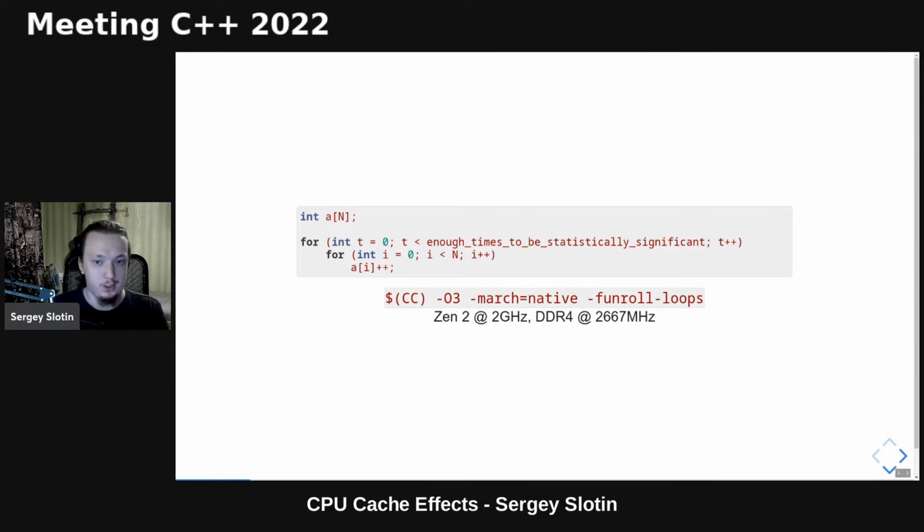To reproduce this and basically all other experiments in the talk, you can compile it yourself with your favorite compiler, but make sure to set the highest level of optimization, importantly enabling vectorization, and unroll the loops so that the cost of loop maintenance itself does not significantly affect the measurements. All benchmarks will be run on AMD Zen 2, a particular CPU microarchitecture, but the conclusions that we will draw are generally applicable.